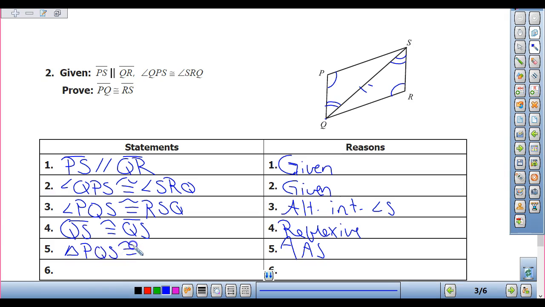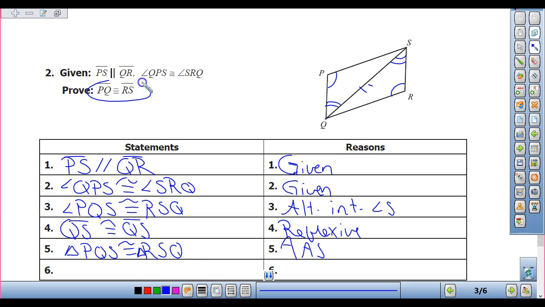If I'm going PQS is congruent to what goes with P? R. What goes with Q? S, because we marked Q and S congruent. And then what would go with the last one? Q in the opposite corner, okay? So be careful with that. There should be triangle in front of it.